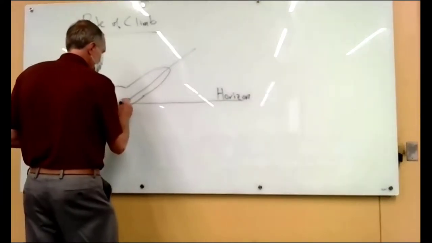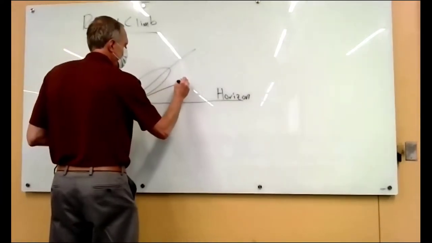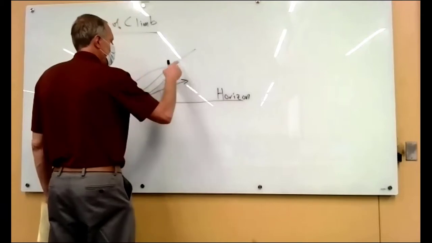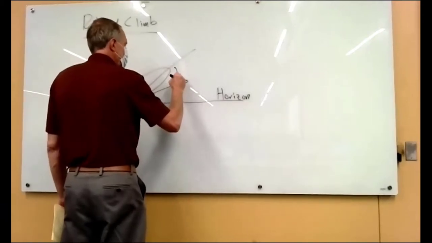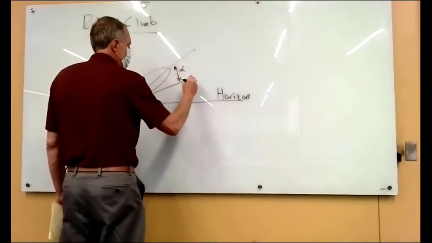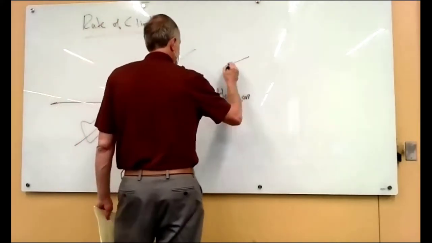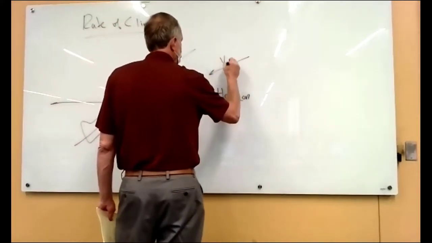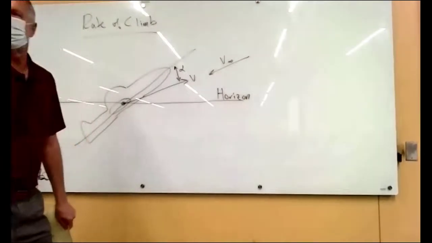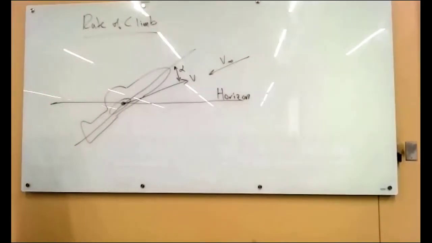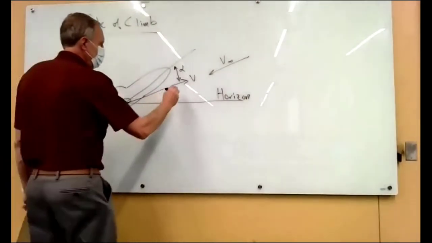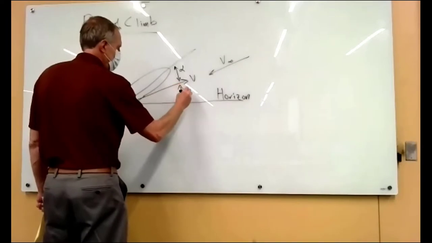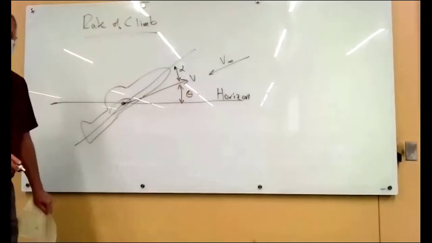The velocity vector usually isn't directly along that, because this is the angle of attack, alpha, and there's V. So in the other frame of reference, where we're sitting on the airplane, we see the air coming in like that. And then this is our flight path angle, theta.